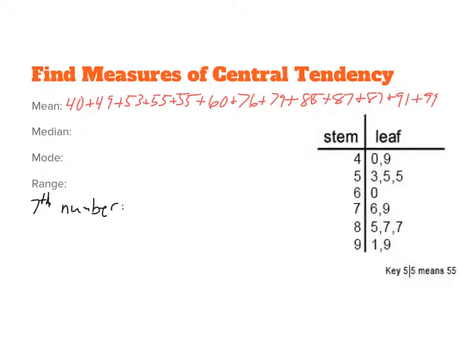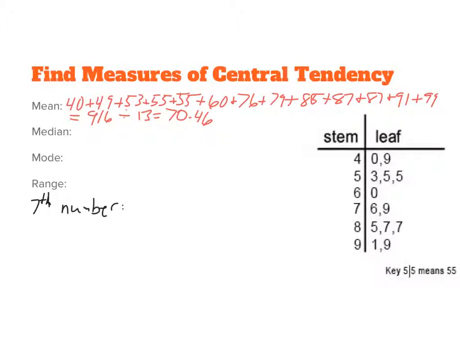If I add all of those up, I get 916. Then I'm going to divide that by how many there are: 1, 2, 3, 4, 5, 6, 7, 8, 9, 10, 11, 12, 13. So I'm going to divide that by 13, giving me 70.46. So that's our mean.